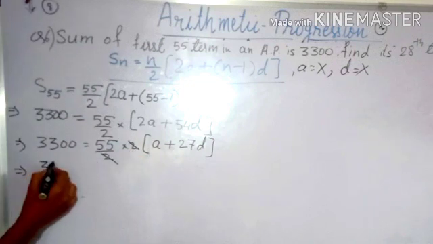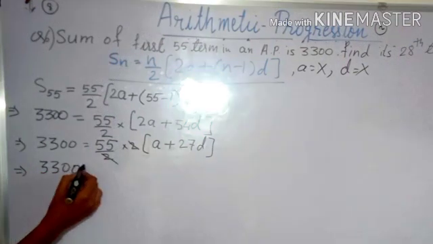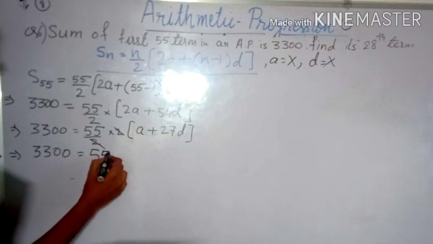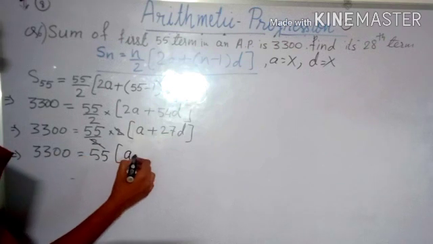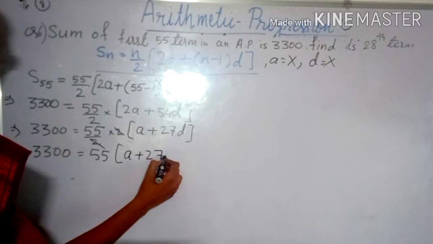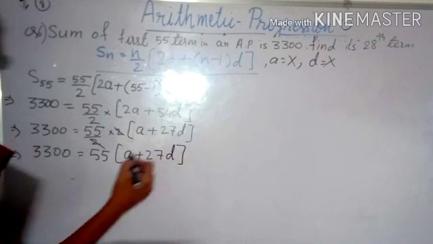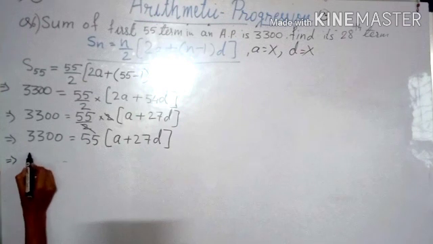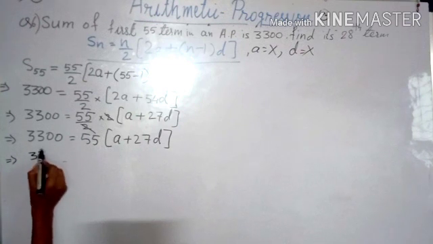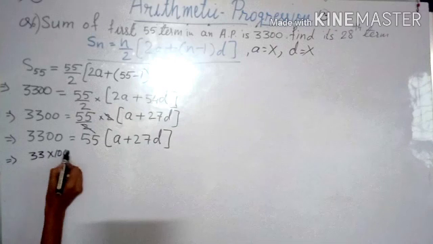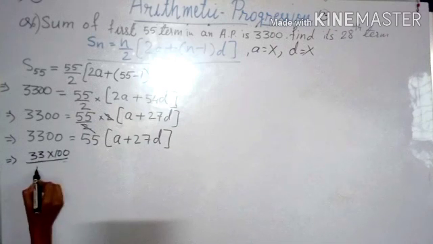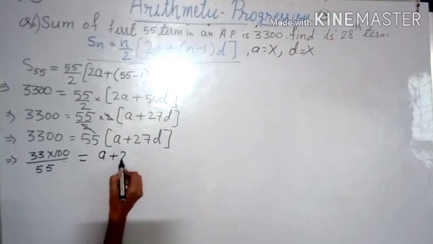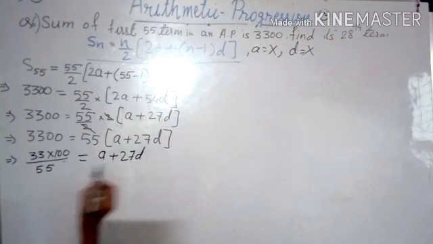So 3360 equals to 55 in a bracket a plus 27d. We can write it in this way, 3360 divided by 55, this will come to this side, equals to a plus 27d.